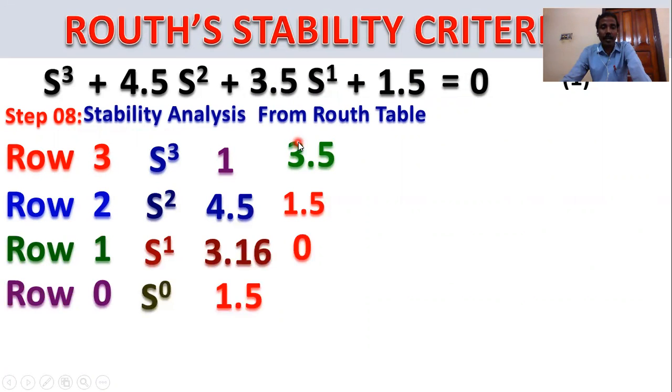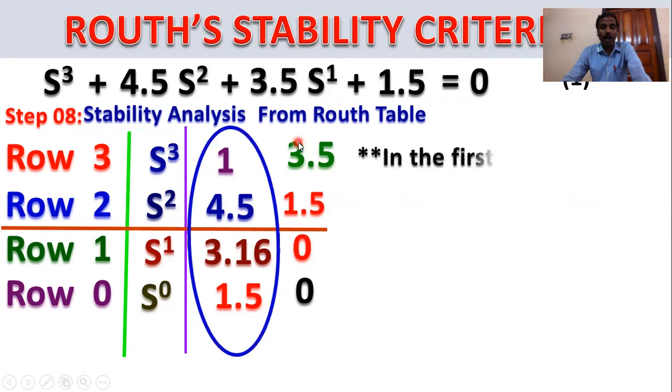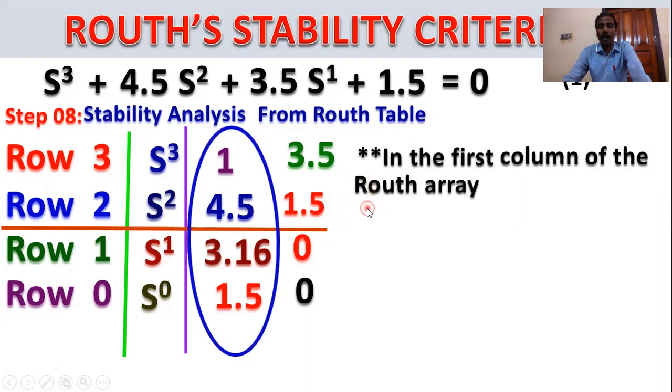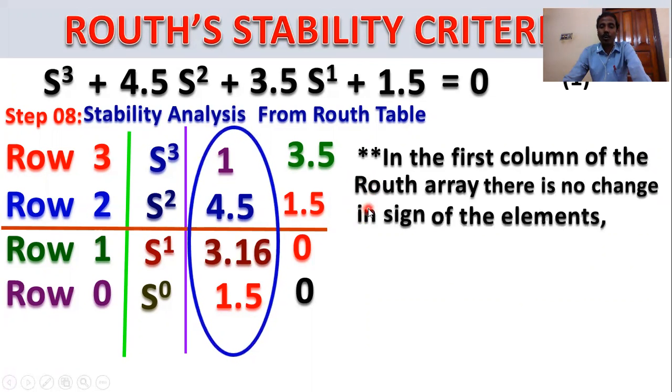This is the final table. What is the conclusion? In the first column of the Routh array, there is no change in sign of the elements.